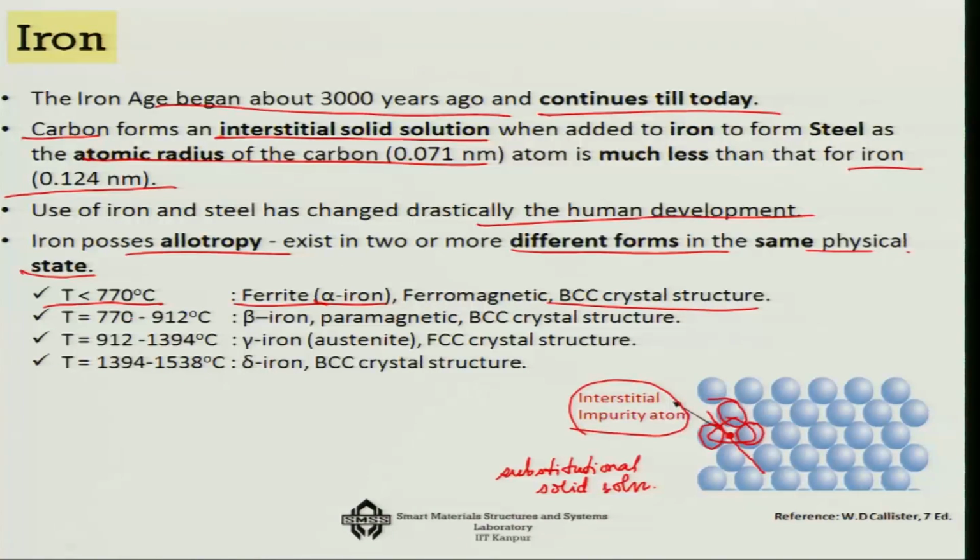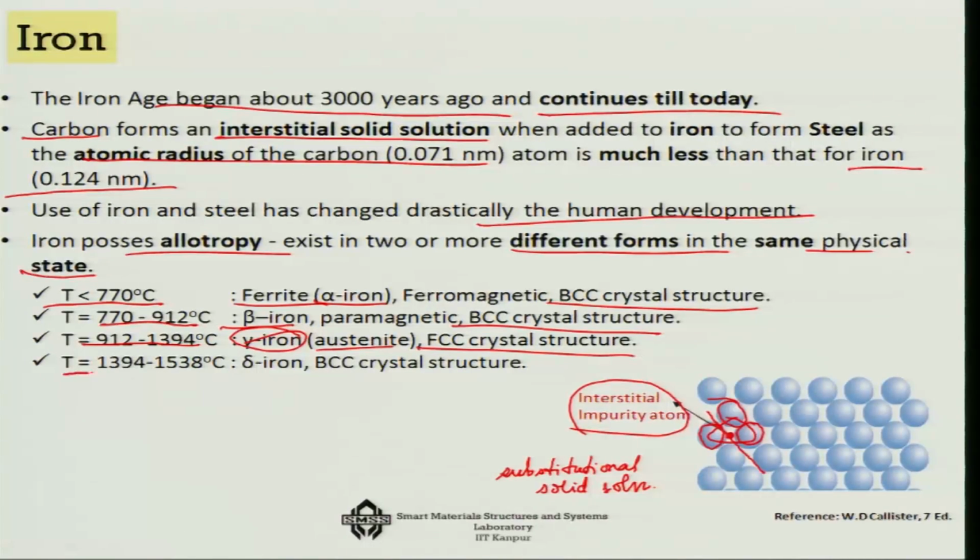As you increase the temperature from 770 to about 912, you get the beta iron, which is not ferromagnetic, it is paramagnetic, but it has the BCC crystal structure. If you go from 912 to about 1394, you will get another version, which is known as the gamma iron, and this is not BCC anymore, this has an FCC crystal structure, which is also called austenite.